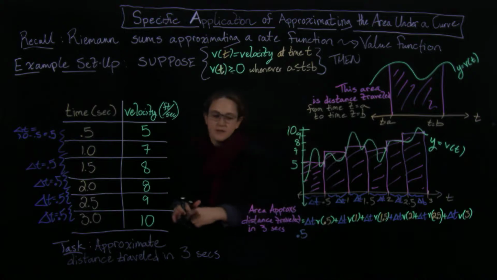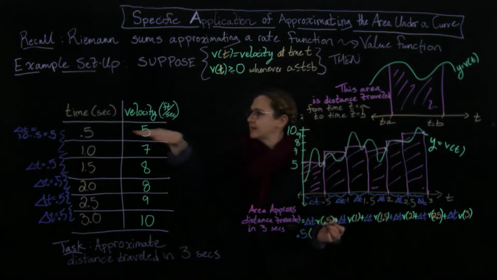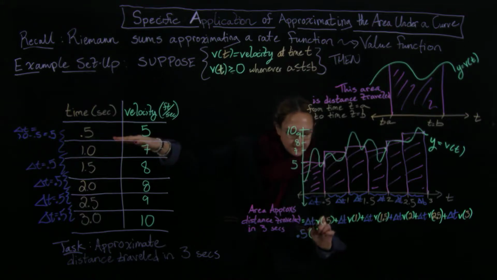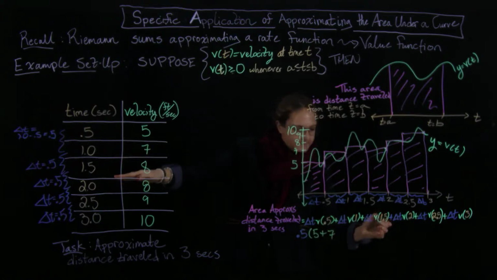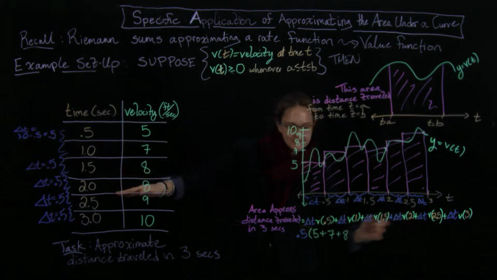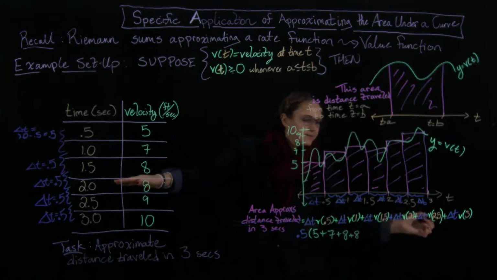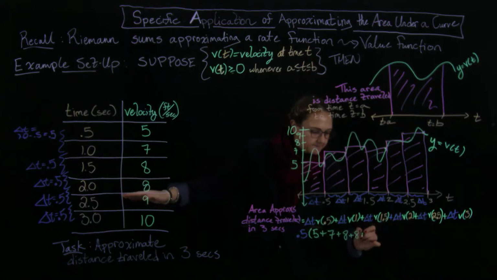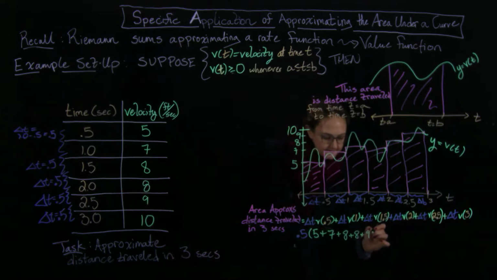And now I just need the velocity, we can just look over here. The velocity at 0.5 is 5. My velocity at 1 is 7. My velocity at 1.5 is 8. My velocity at 2 is 8. My velocity at 2.5 is 9. And my velocity at 3 is going to be 10.